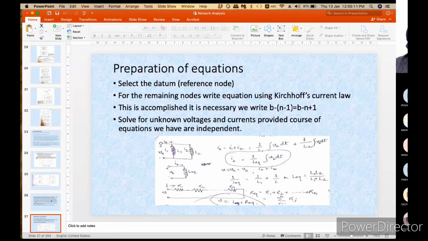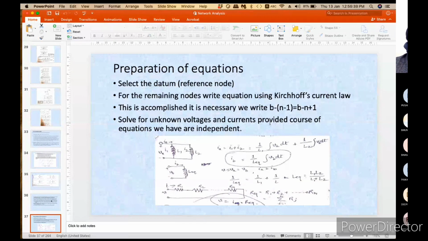So b minus (n minus 1), that is b minus n plus 1. So these many equations you will have to write, depending upon whether it is a node analysis or a loop analysis. And all unknown voltages and currents are found using your initial conditions. That is what we'll be doing.